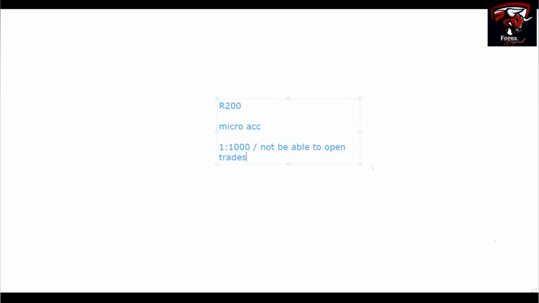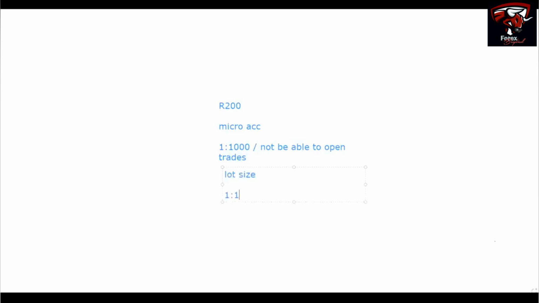Let me put it that way. When you have a small leverage, you're most likely not to be able to open any trade. So your leverage literally is your key point in allowing you to open trades. Where you actually manage your risk is through lot size, not leverage.